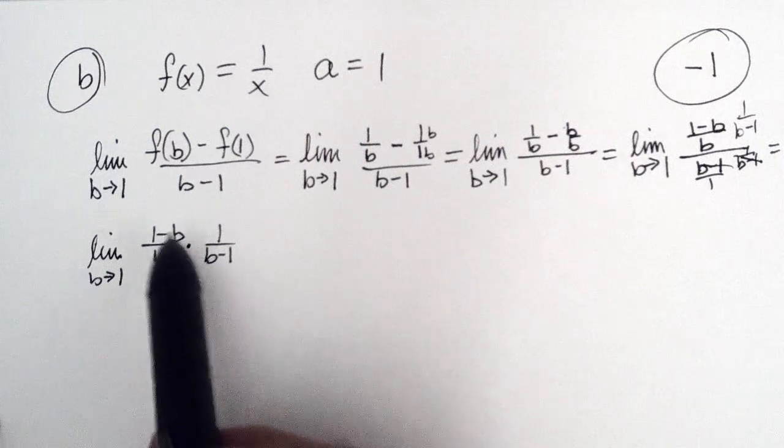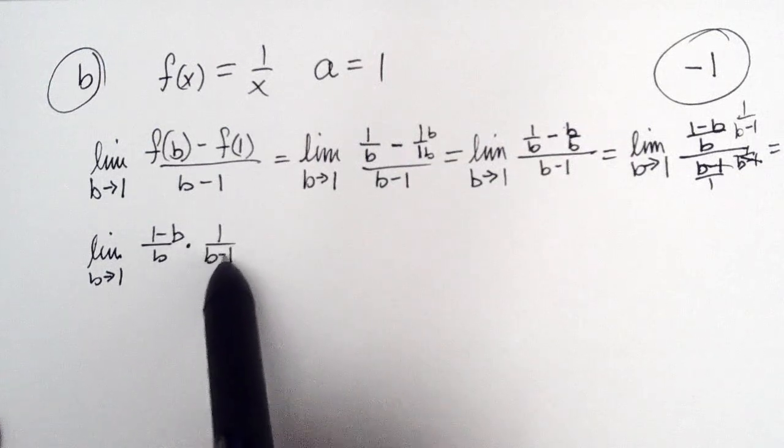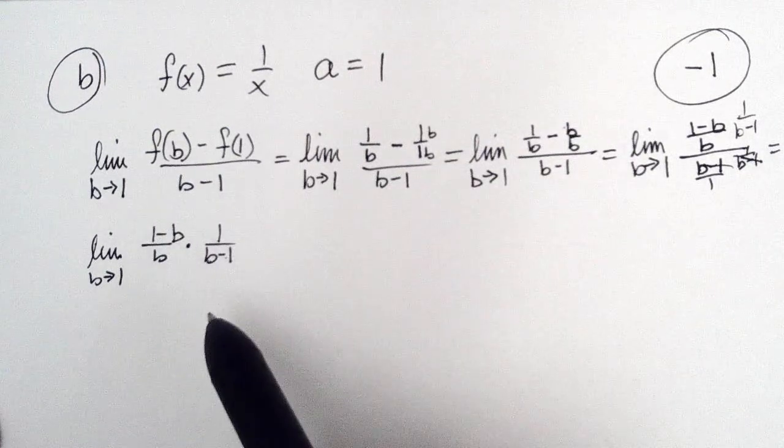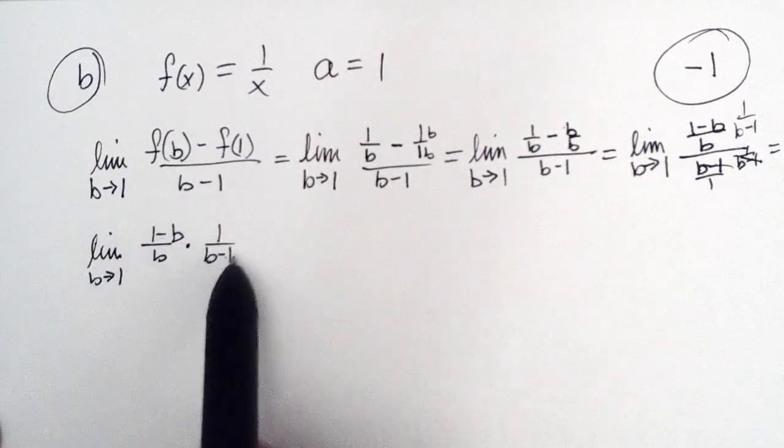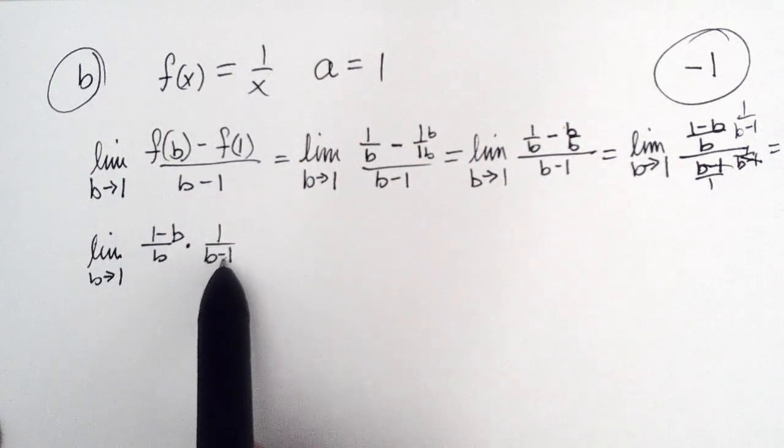And again, we have this issue of how is b minus 1 different than 1 minus b? Well, the signs of this are just the opposite of the signs of this.